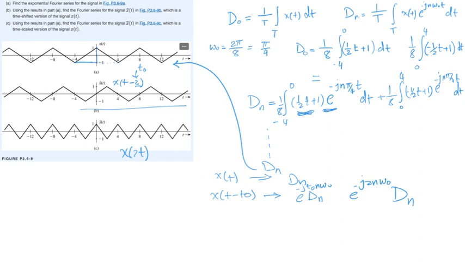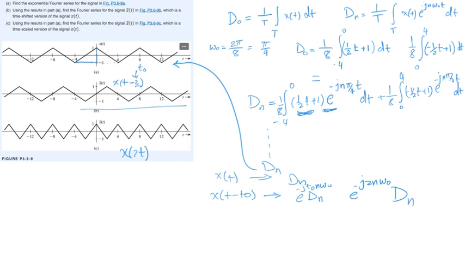I don't think the table has the time scaling, right? I think we discussed the time scaling only for the Fourier transform. Anyways, if you do that, your omega naught in this case is going to change, right?